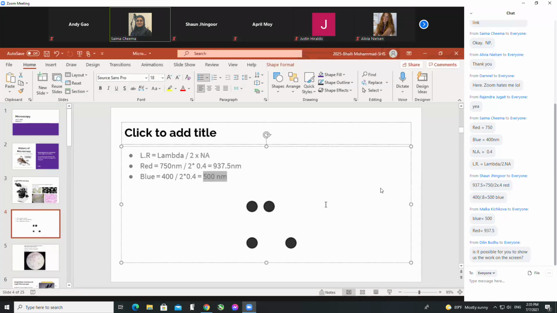And so it gives you the highest quality image, the greatest resolution, because combined with oil, that lens is able to capture a lot more light. So the resolution is going to be a lot better. It's not just an image that is magnified and looks all blurry. It's an image that shows you fine detail. Questions on that?